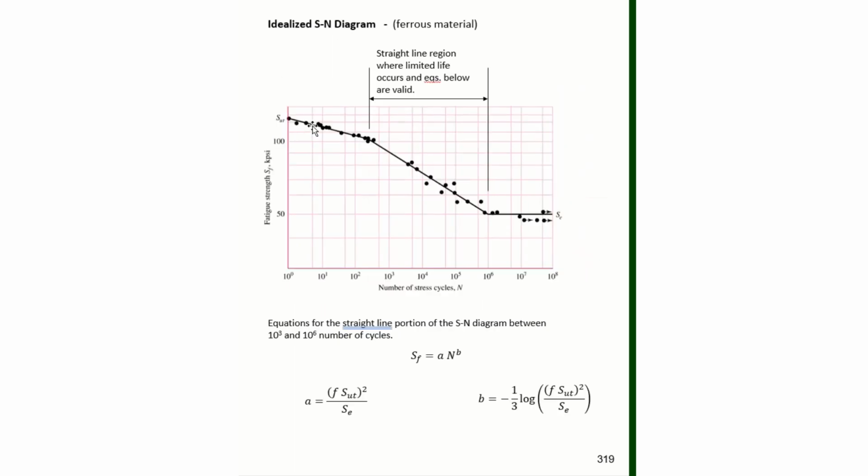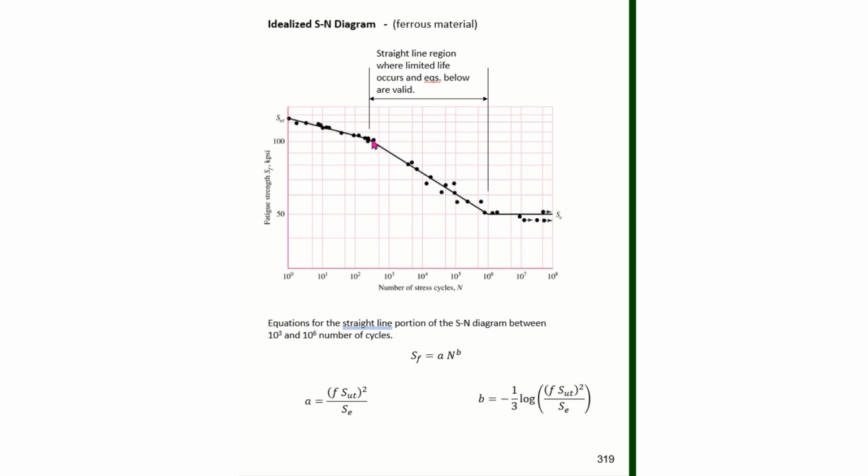So coming back now to this equation for A, given our material, we would be able to look up F from the chart. We know our SUT and we know our SE. Then we could compute A. To get B, we have minus 1/3 the log of F SUT squared over SE. And you can see that the F SUT is this upper limit on the line, and SE is this lower limit on the line.